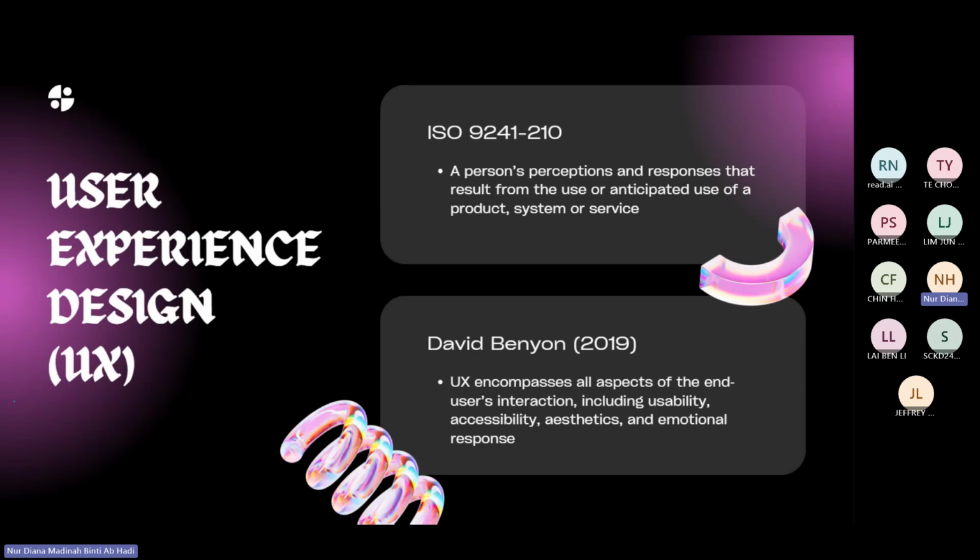We have an ISO that has been introduced, which is ISO 9241-210. This ISO is about a standard that provides guidance on human-centered design for interactive systems. That's why they said it is a person's perceptions and responses that result from the use or anticipated use of a product, system, or service. Usually this ISO will give you a guide based on human-centered design.